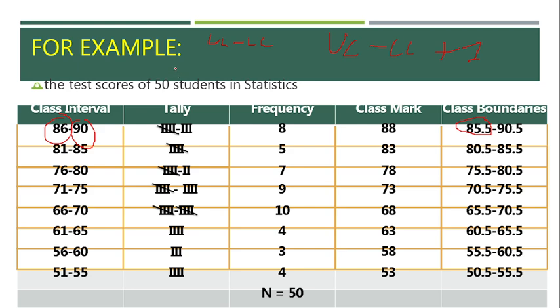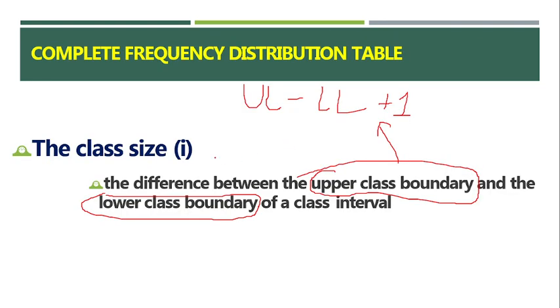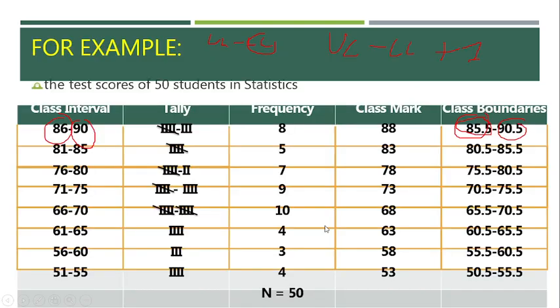That only tells that it uses the upper class boundary and the lower class boundary. Again, from the definition that I showed a while ago, with that you will be able to find the class size.